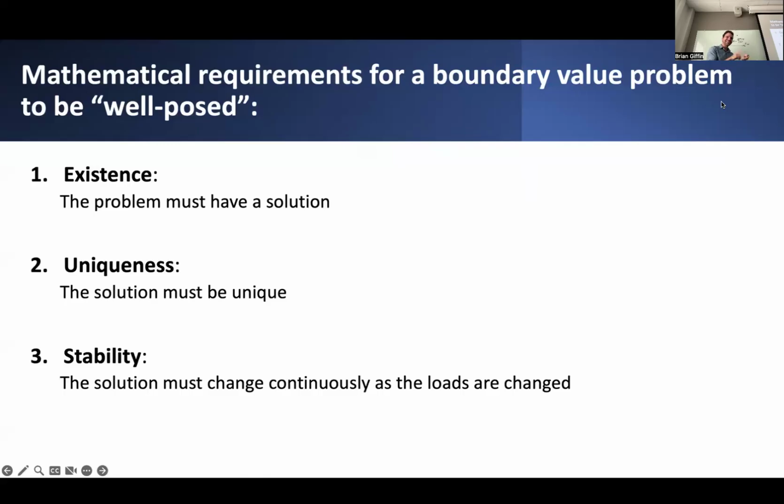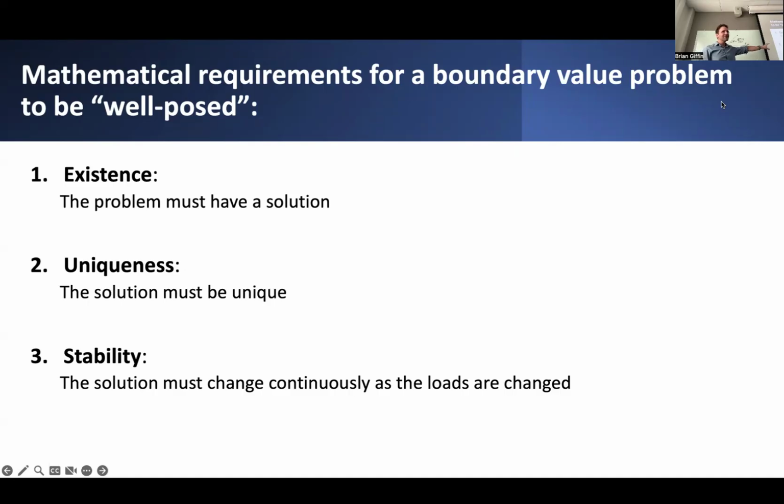The problem also has to be unique, or in other words, there can't be more than one valid solution. So you want to know that there is at least one valid solution. And ideally, you also want there to be only one particular unique solution that satisfies all these different constraints that you've put on the problem.